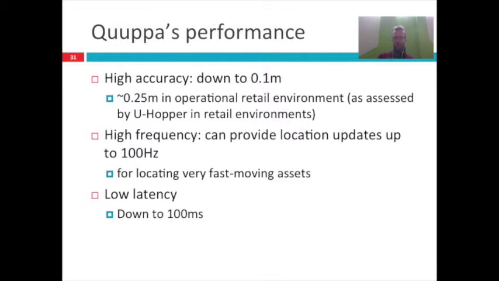Another important feature for some specific applications, like for example sports applications in which you might have fast-moving assets, is the high frequency. Kupa system can provide location updates up to 100 Hz. And the low latency is what basically we can estimate the position with a latency which is of the order of 100 milliseconds.